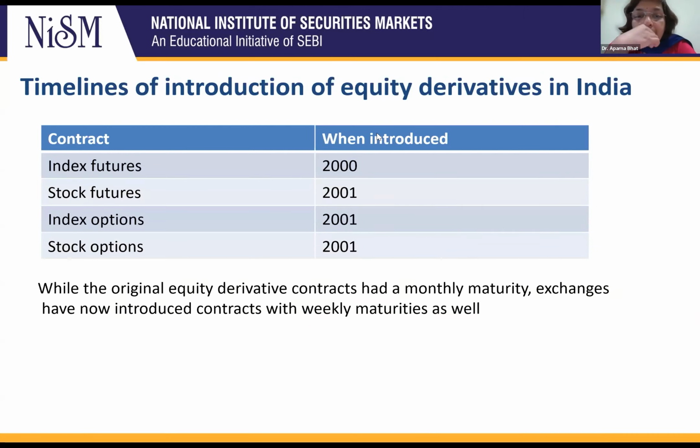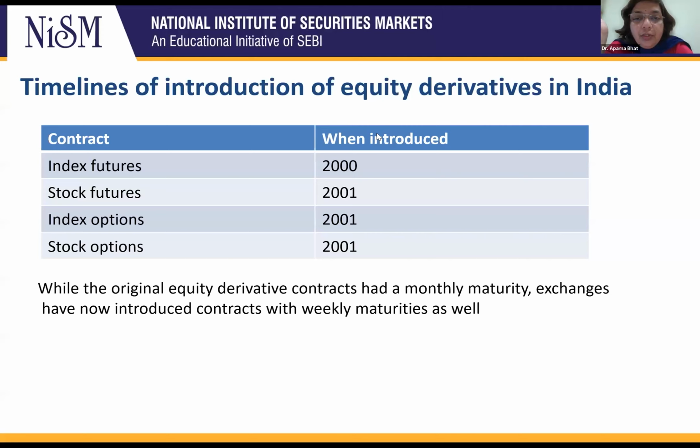Now coming to India, when were equity derivatives introduced in India? Way back in the year 2000, SEBI gave permission to NSE and BSE to start the trading of index futures. Index futures were launched for the first time in 2000, and then they were followed by stock futures, index options, and stock options in the year 2001.